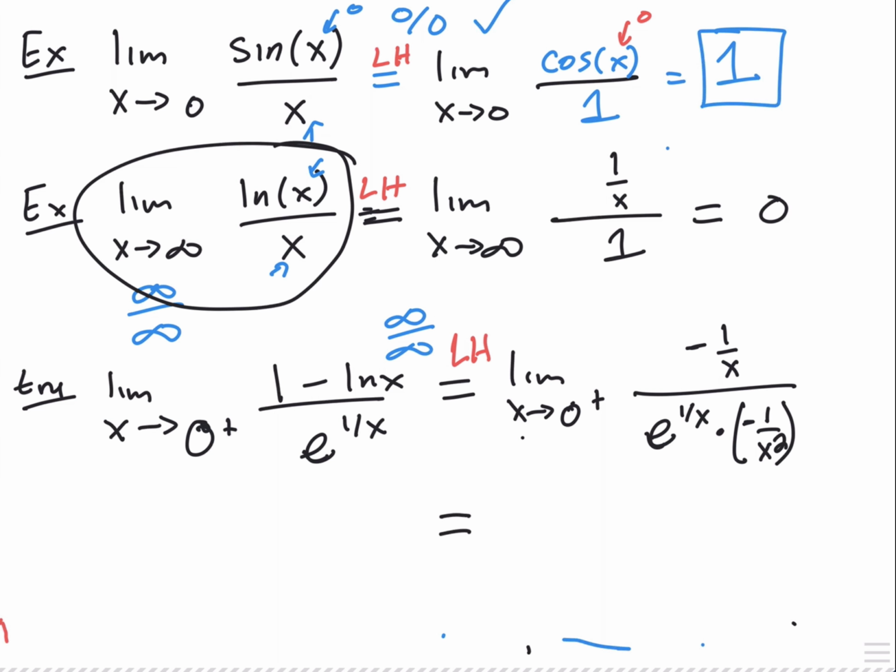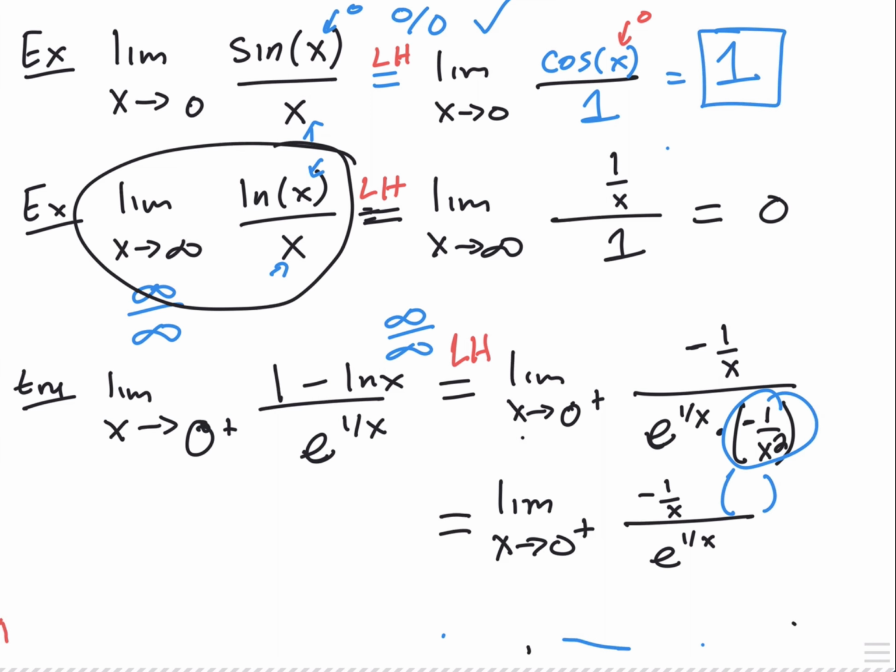Yeah, if you want, you can invert and multiply. You don't have to rewrite it, but if you want to, you can rewrite this as, so e to the 1 over x stays on the bottom, right? And then this one, if you invert and multiply, this would be minus x squared.